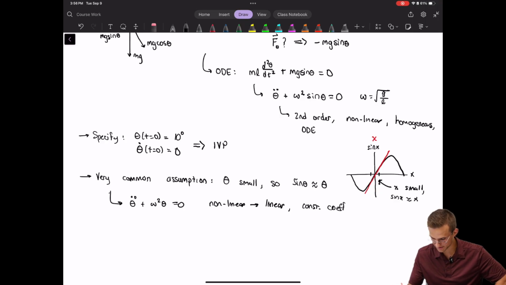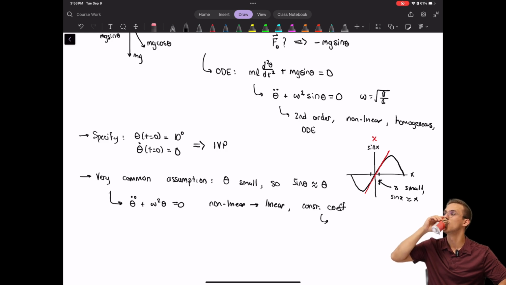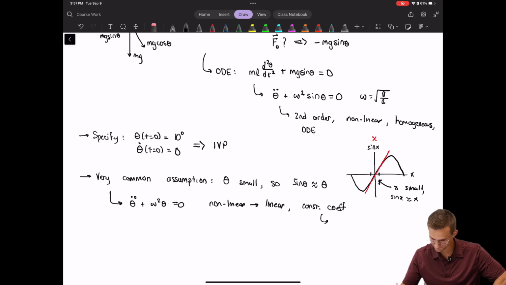So the way we're going to solve that is with the method of the characteristic equation, since it's also homogeneous.